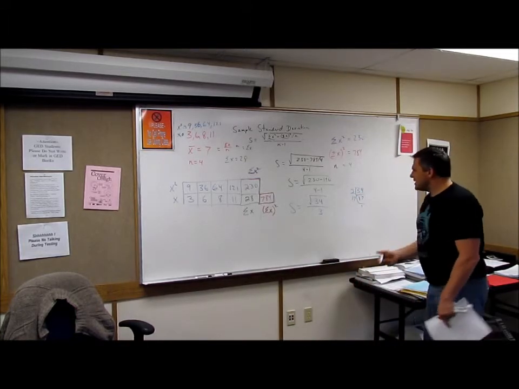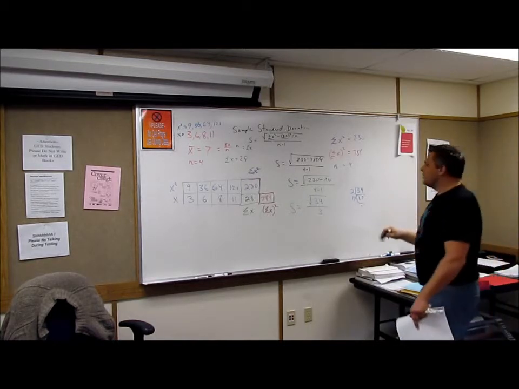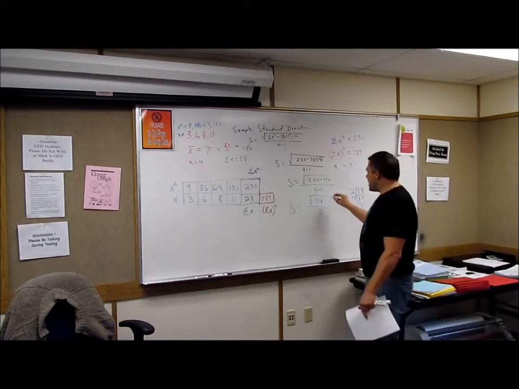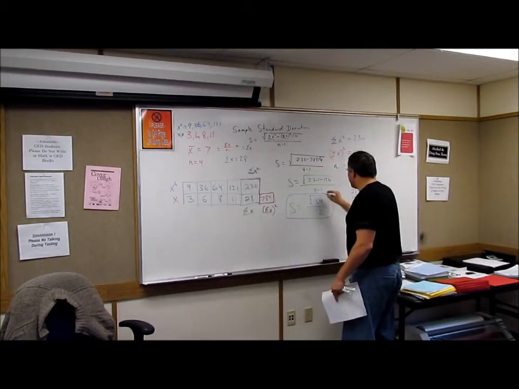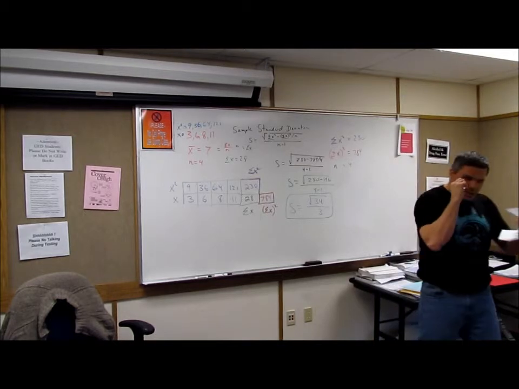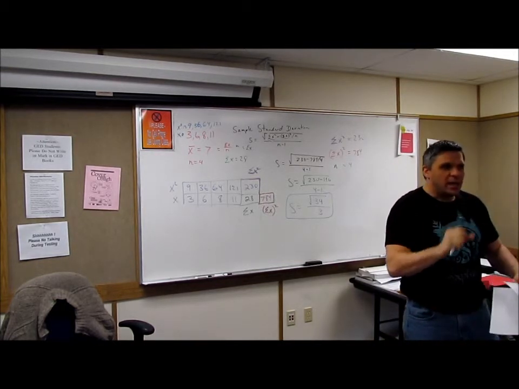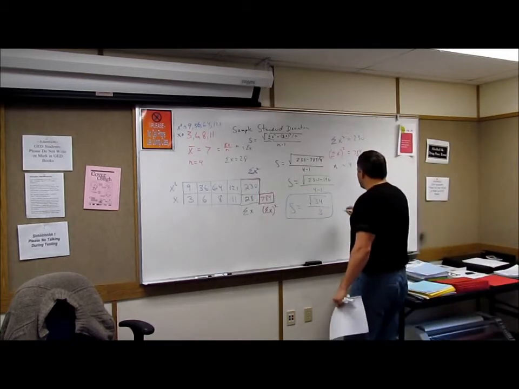So obviously I can't break down 34. I can't pull any numbers out. So the square root of 34, it's done. So that is one answer, and what I like to call this is the whole answer. Right?